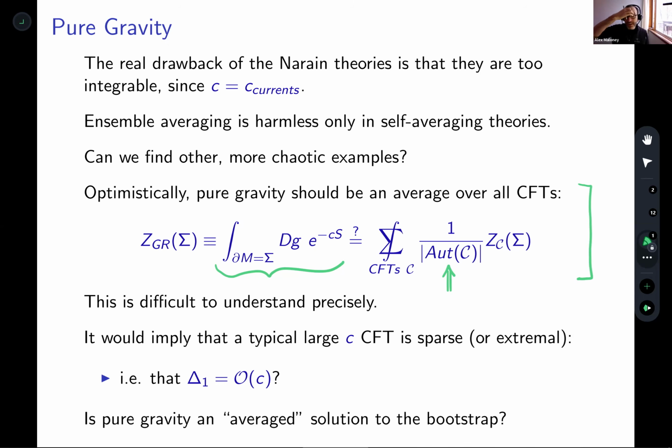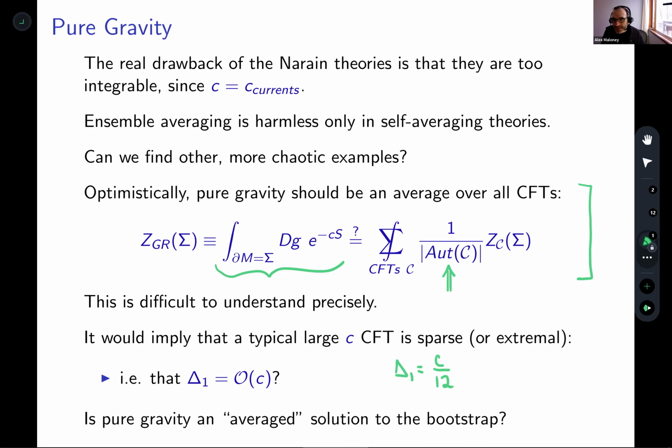So one interesting feature of pure three-dimensional gravity in anti-de Sitter space is that it has a huge gap. The first excited state of the theory is the BTZ black hole. In the scalar sector, the first excited state has dimension equal to the central charge over 12. Now, I know of no conformal field theory which has a gap bigger than 2, right?